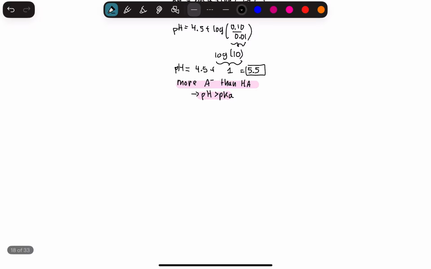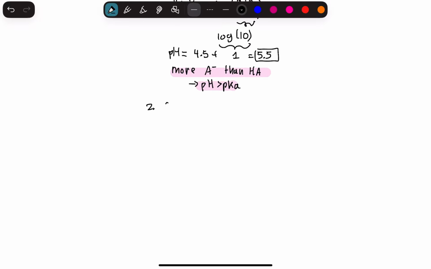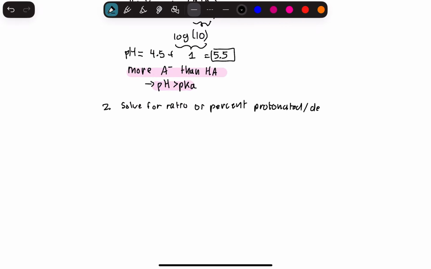Now, our second type is when you solve for the ratio or the percent that is protonated or deprotonated. How do we do this?